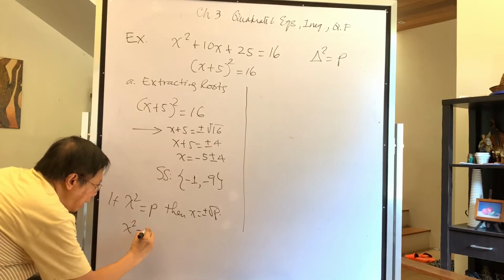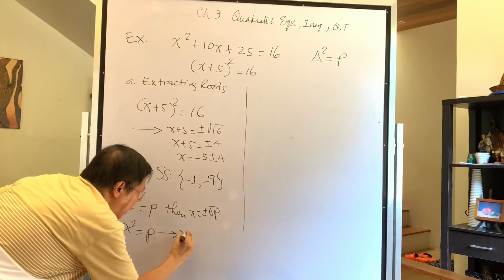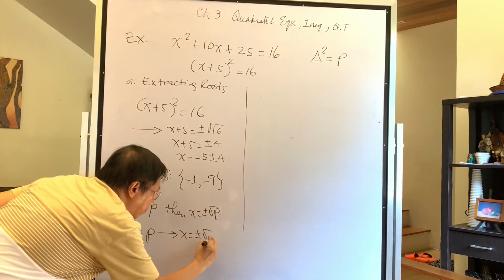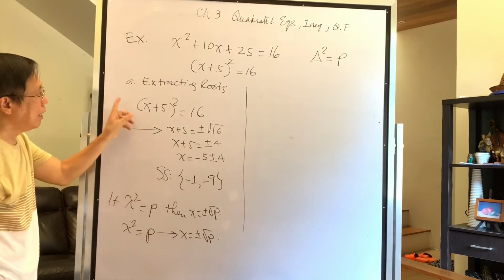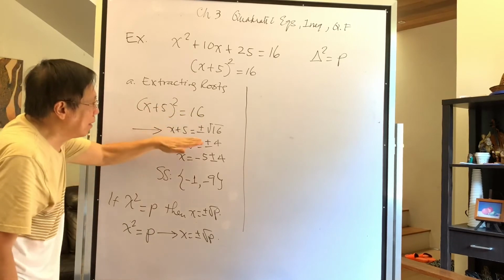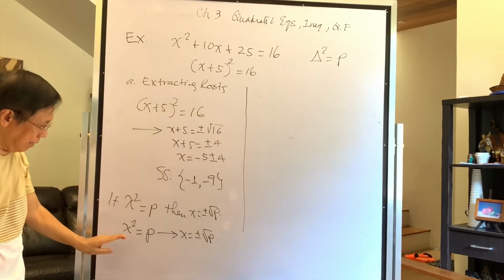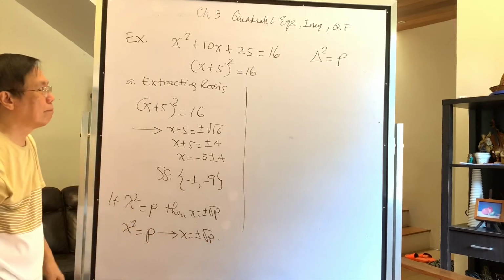I have here x squared equals p. Then this implies that x equals plus or minus the square root of p. So I want to have this format instead of saying if quantity x plus 5 squared equals 16, then this one. I can just say x squared equals p implies that x equals plus or minus the square root of p.